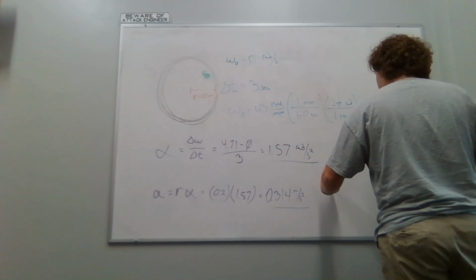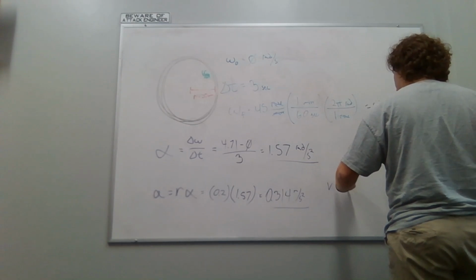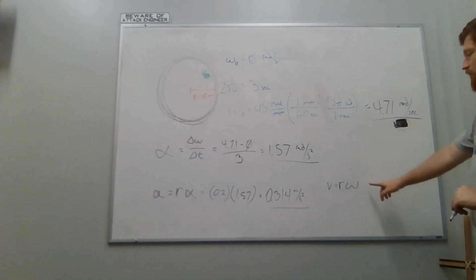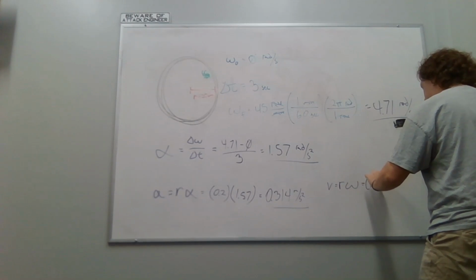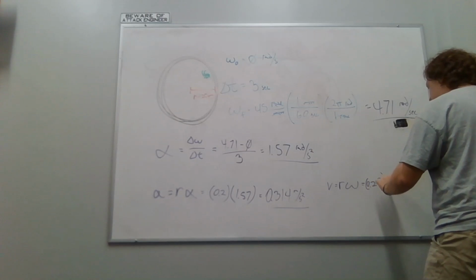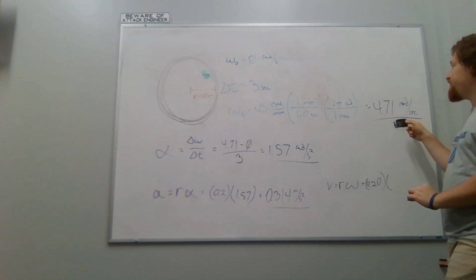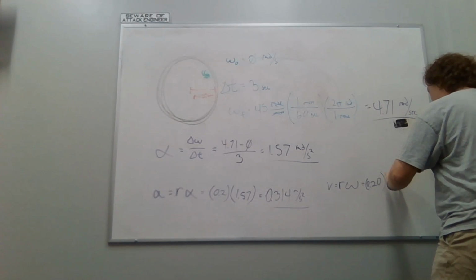The formula to translate linear velocity from angular velocity is linear velocity equals r times angular velocity. So our radius is still 20 centimeters. That's 0.2 meters. Our angular velocity that we will be moving at the 5 second mark is 4.71.